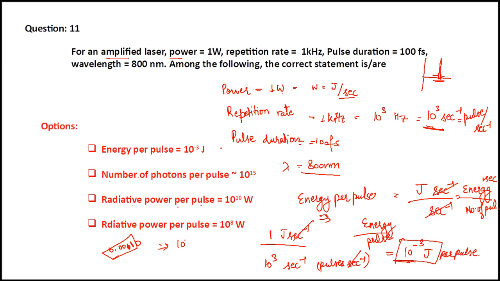Suppose there are n number of photons in one pulse, and the total energy per pulse, we have calculated it, right? Energy per pulse we have calculated now, that is 10 to the power minus 3. And then what if I say energy per photon?